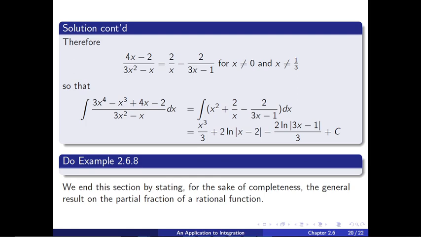So we end this section by stating, for the sake of completeness, the general result on partial fractions of a rational function. As you can see, we're dealing with rational functions where the numerator is degree 3 or maybe 4, and the denominator is not too large in degree.